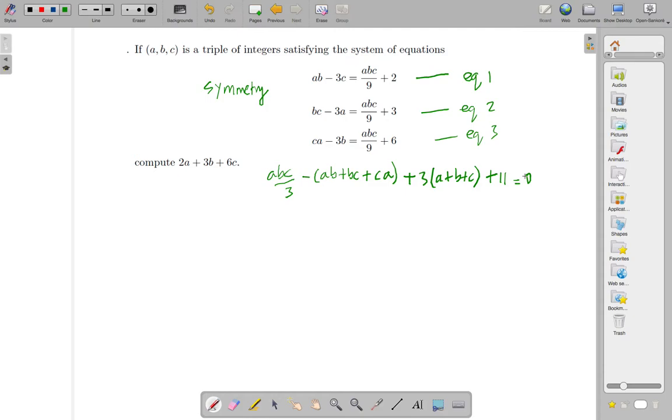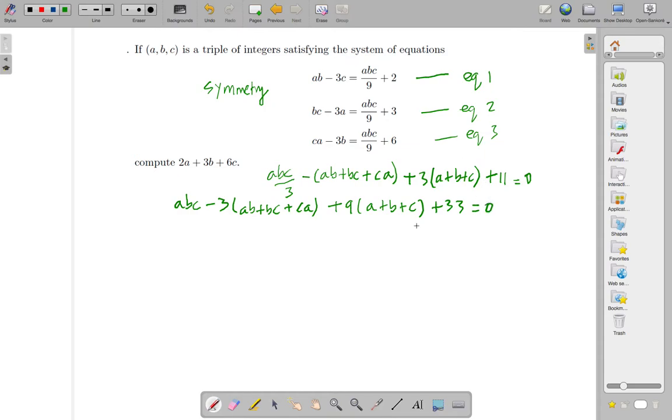Now, another thing, like I told you earlier, if you simplify one more time, because there is ABC over 3, if I multiply that by 3, I get ABC minus 3 times that, plus 9 times A plus B plus C, plus 33 equals 0.